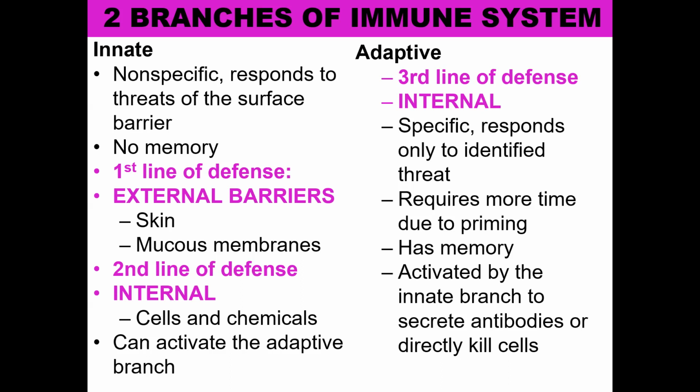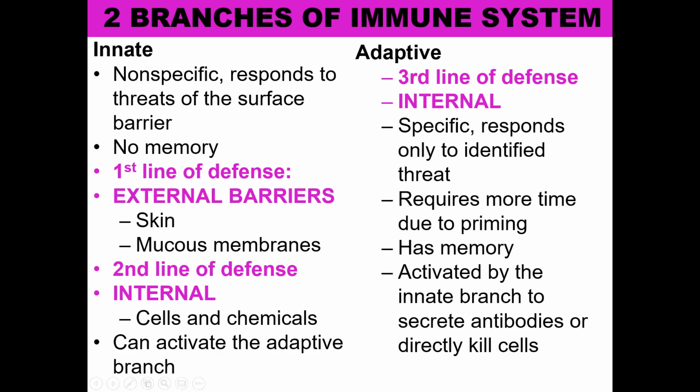As opposed to that, we have the adaptive branch, which is specific. So the adaptive branch are going to be your Navy SEALs. They're specially trained for one mission. So we'll find cells in the adaptive branch, but they're trained for one specific thing. The innate cells can respond to many different kinds.